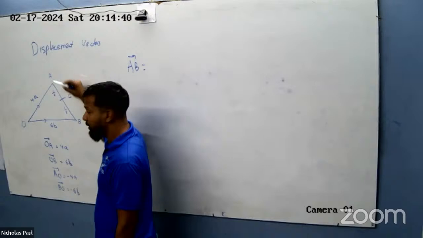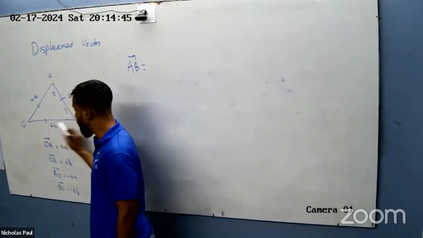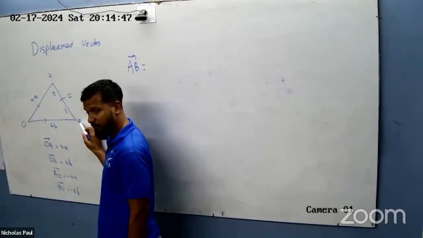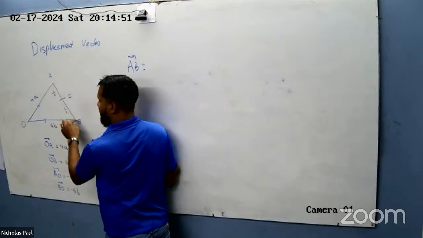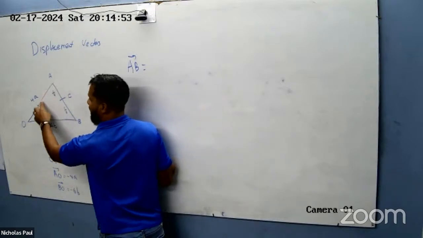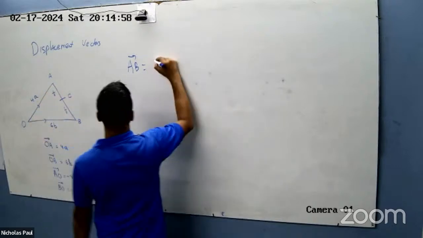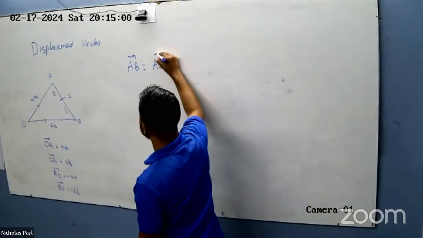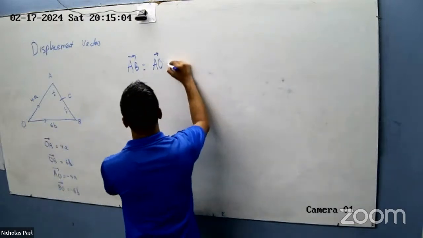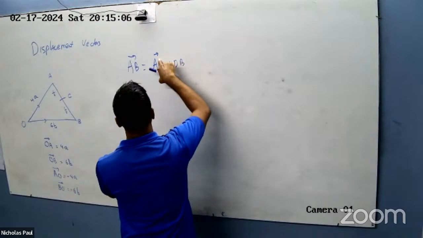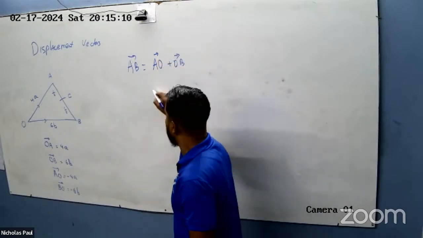So A to B is A to O plus O to B. For me to get from here to here along the triangle, I'm going from A to O, and then from O to B.